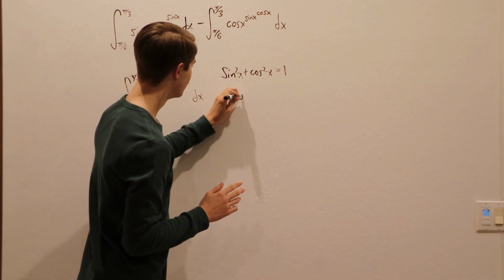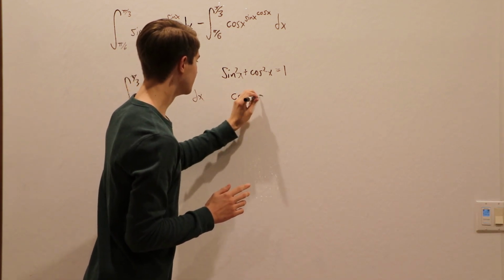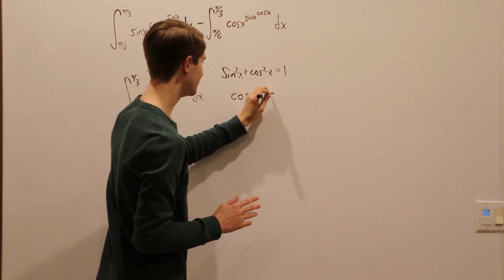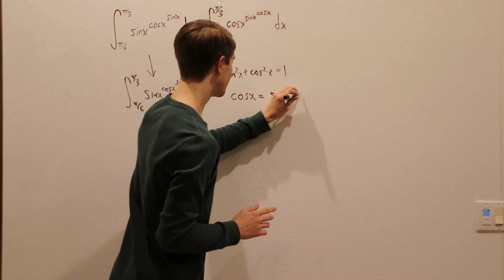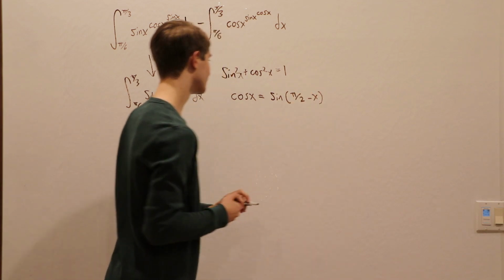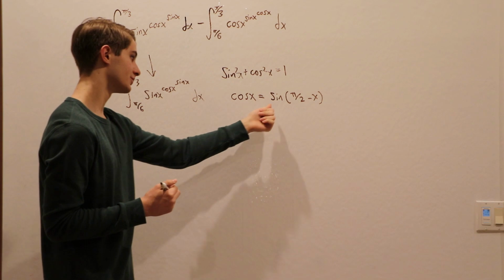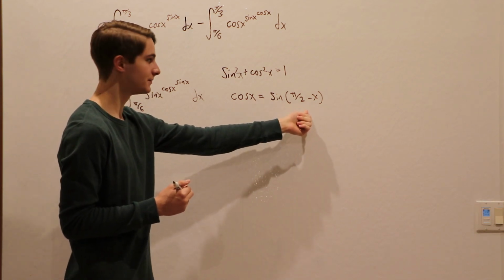Another one, what is the definition of cosine of x? Well, one definition is that it's the sine of pi over 2 minus x, right? That's why it's called a cosine. It's the complementary sine. So it's the sine of the complementary angle.